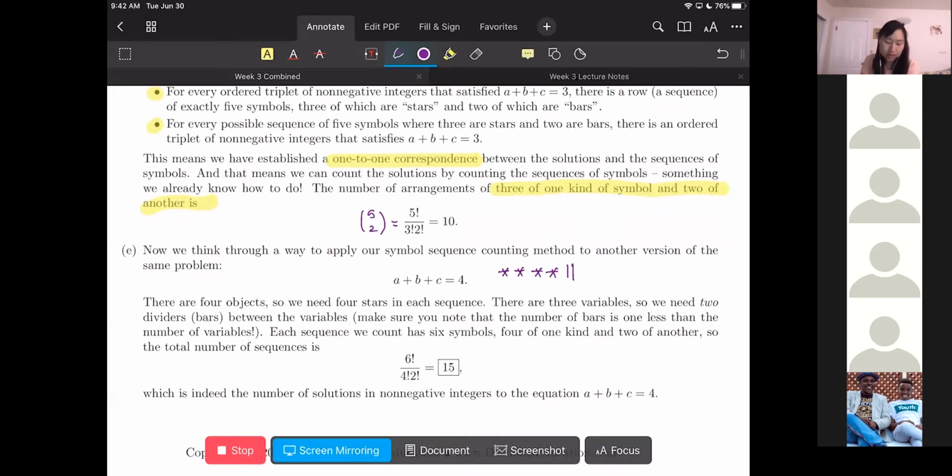Each sequence of 4 stars and 2 bars maps directly to one solution, and each solution we can also represent as 4 stars and 2 bars. So the number of ways we can arrange 4 stars and 2 bars is just 6 choose 2, which is 15. And that is also the number of solutions to this equation.